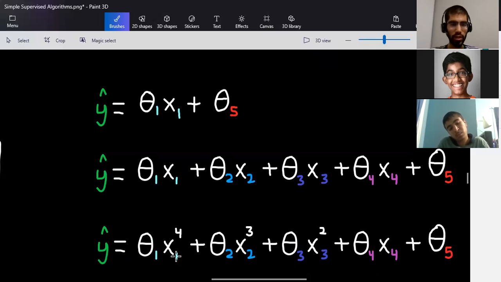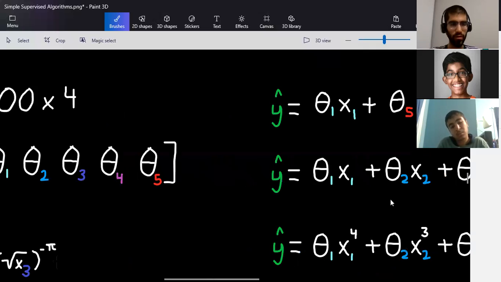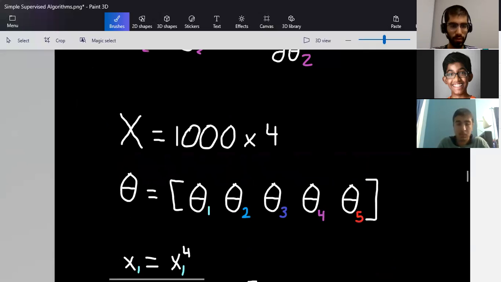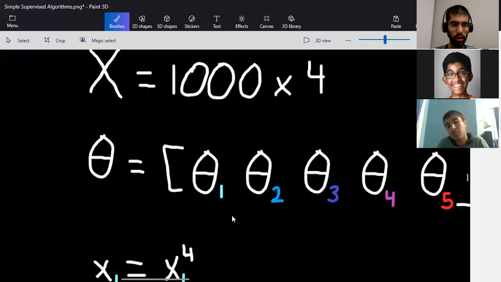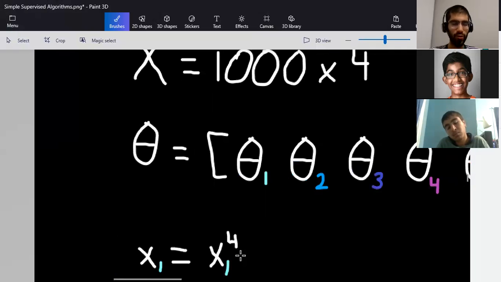How do you get x1 to the power of 4? Well, you could literally just take x1 and replace that input feature with x1 raised to the 4. So for each training example you have, this literally means raised to the power of 4 this time. It's not like the 4th example. Each training example you have, you could raise it to the power of 4, and then it's like you're creating a new feature.